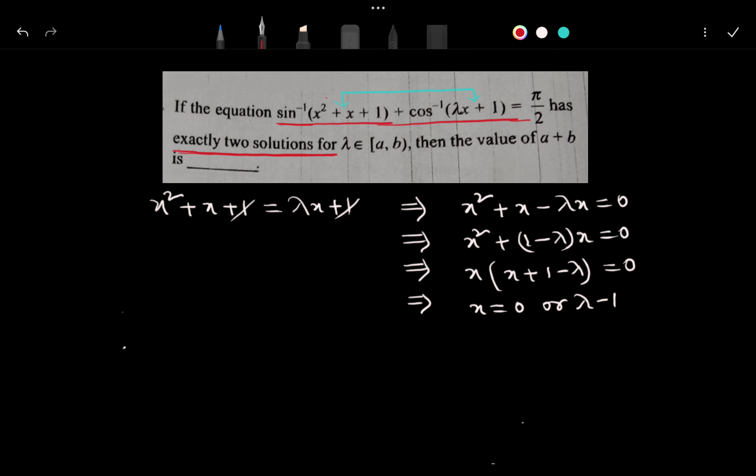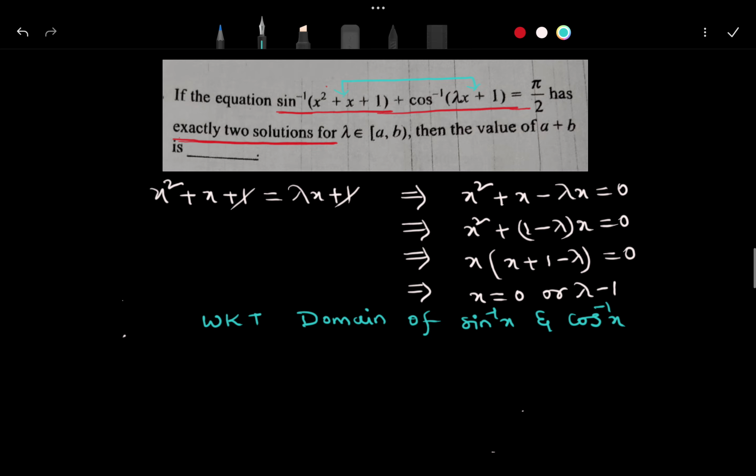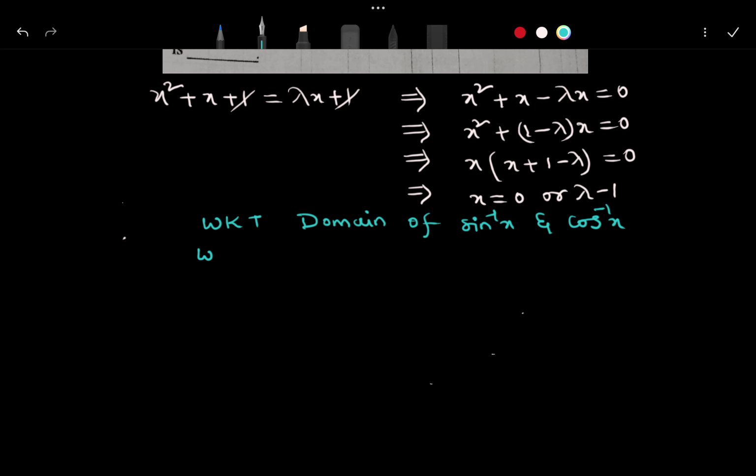The fundamental thing is that we know the domain of sine inverse of x and cos inverse of x will be the closed interval minus 1 comma 1. So this is the domain.